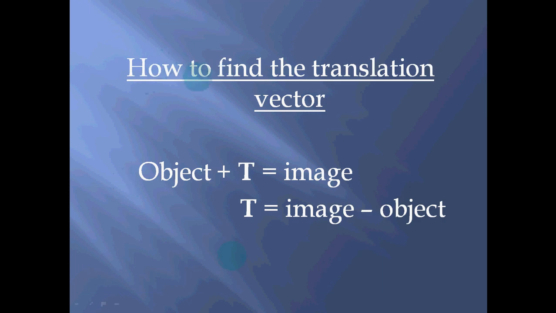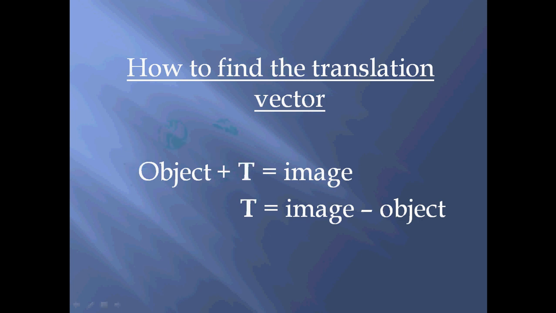Now, the translation vector can be found by counting and also by means of a formula. The word object stands for any point of the original object before transforming, plus T, which stands for the translation vector or the column matrix.